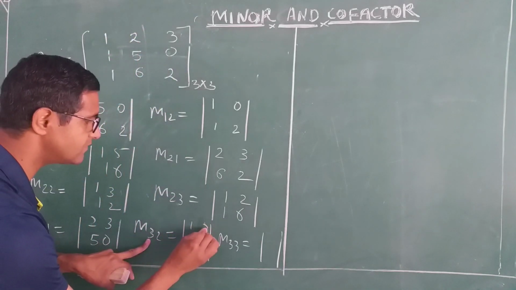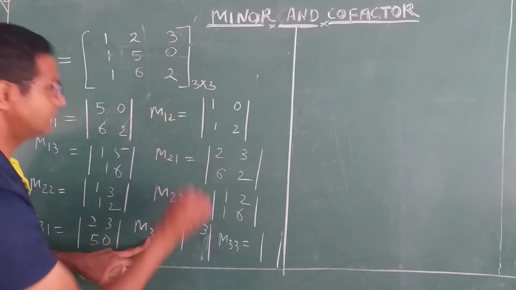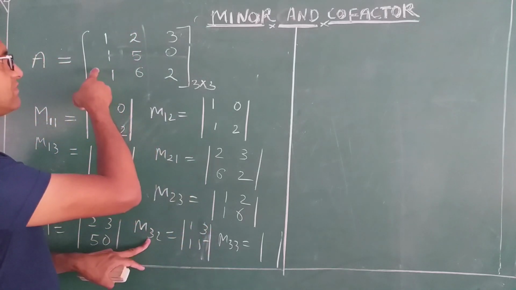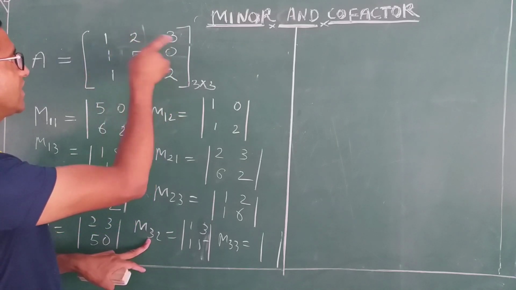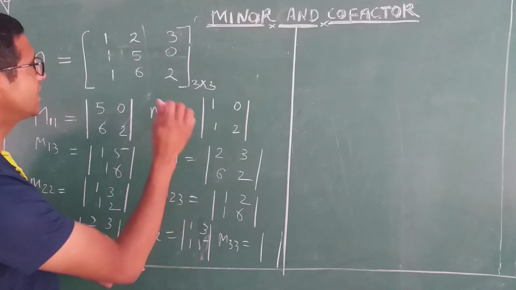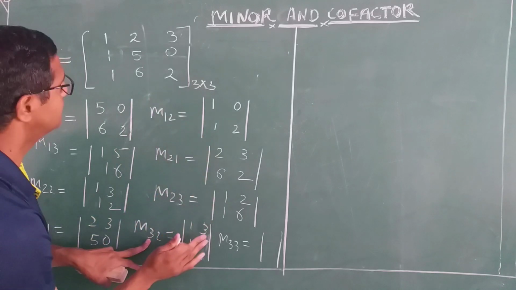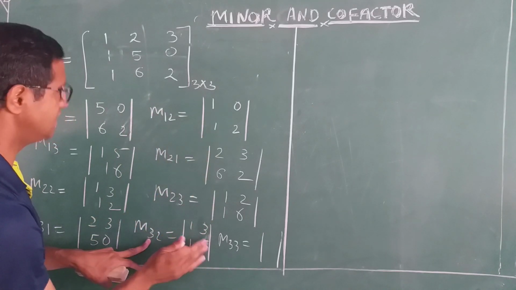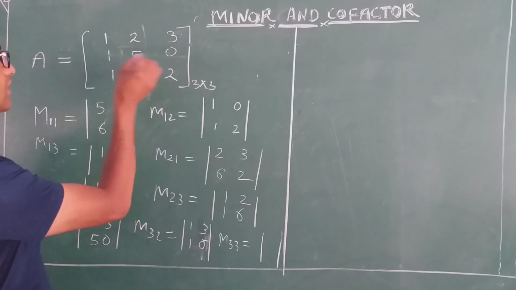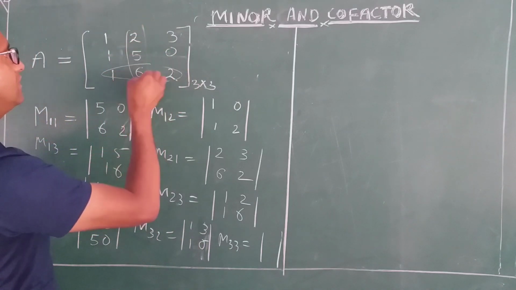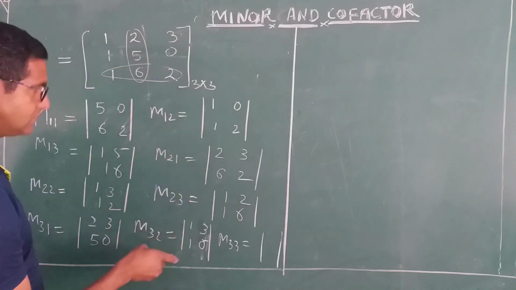Remaining elements: 1, 3, 1, 0, because you are leaving third row and second column.